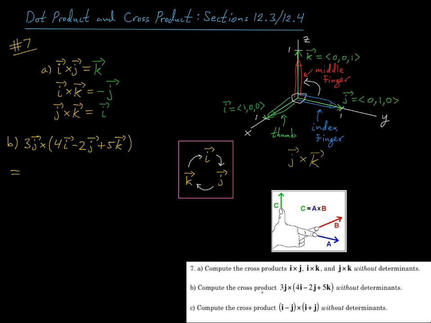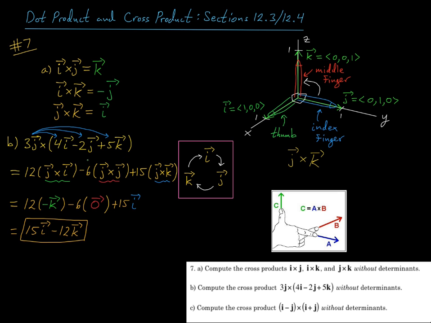So for B, it says compute this cross product, 3j cross (4i minus 2j plus 5k). Now we saw in the last video that the cross product is distributive, so I can start by distributing this 3j. So I get 12 times j cross i minus 6 j cross itself plus 15 j cross k.